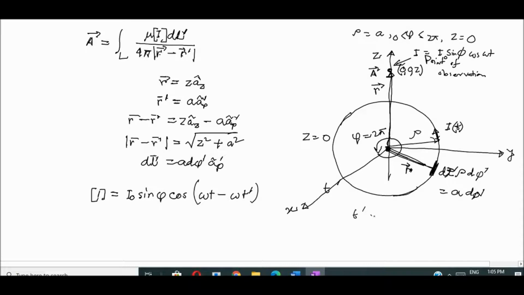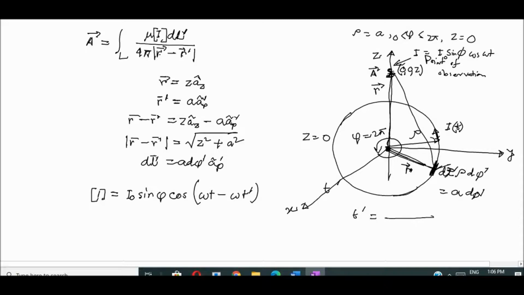Delay means the time required for the signal to travel from the source point to the observation point.